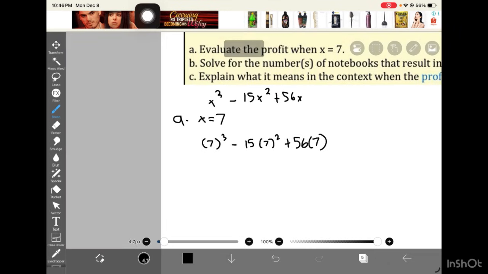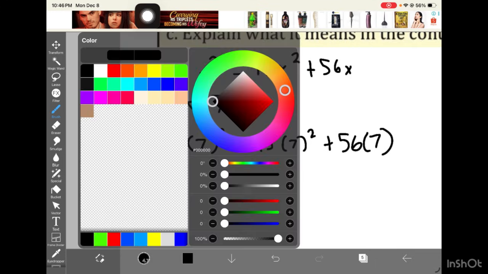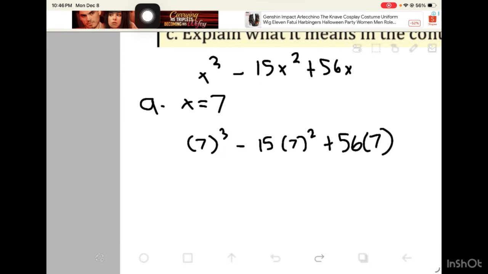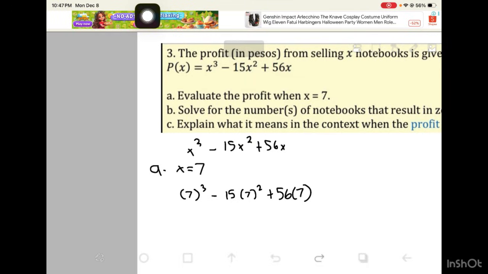Oh, I said the forbidden one. Okay, well, to do this you can change the x value in your calculator to 7, and then you can just type this equation so that you don't have to manually type it. So after typing it, you get negative 336.